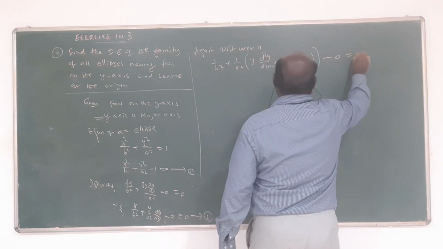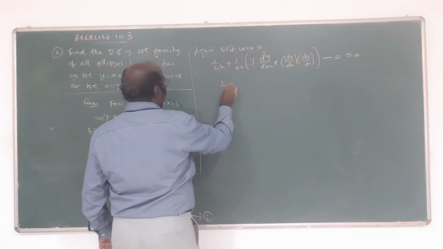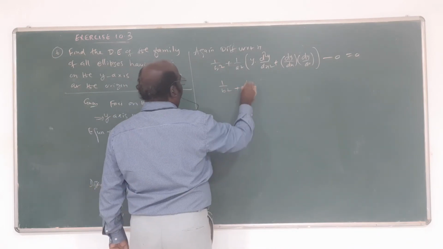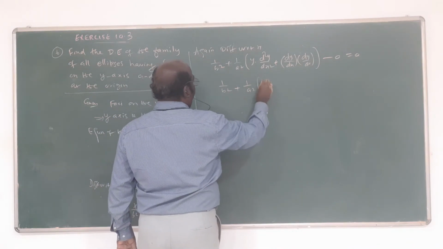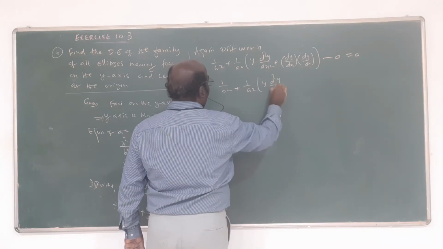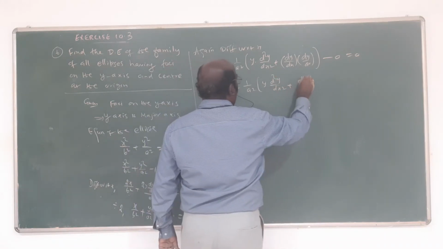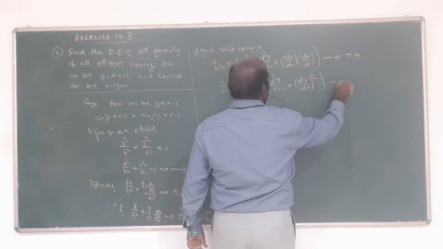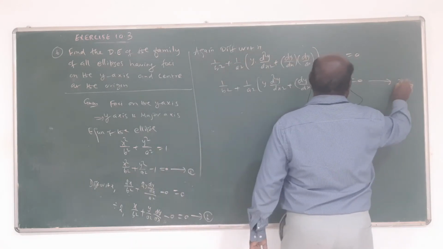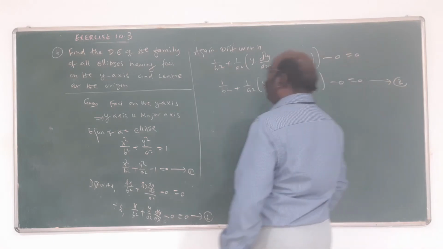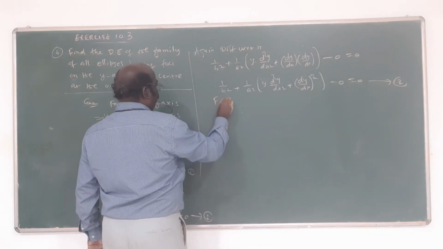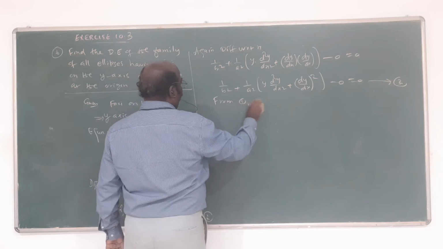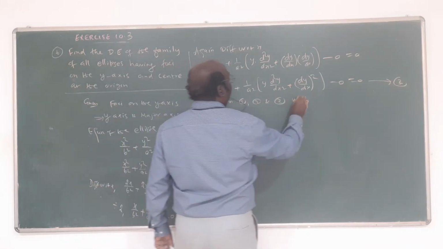Again minus 0 equal to 0. Now write in order: 1 by b square, and 1 by a square into y into the second order derivative plus dy by dx whole square. Last one is minus 0 equal to 0. This is the third equation.